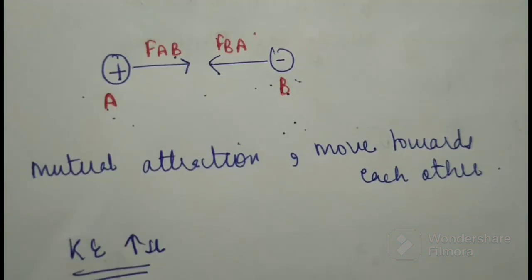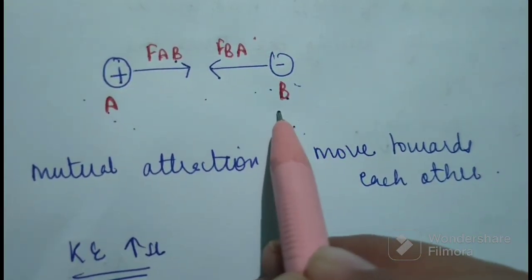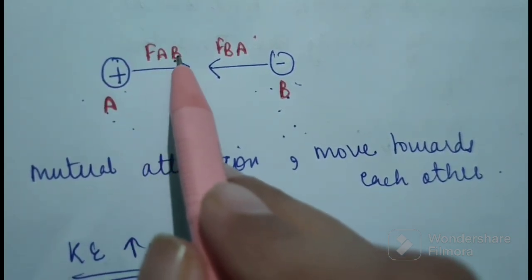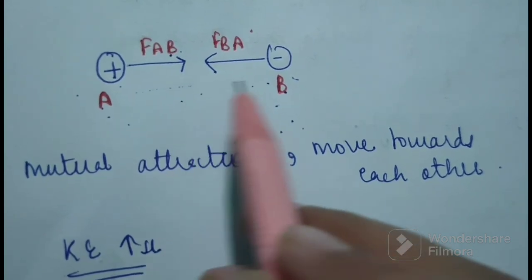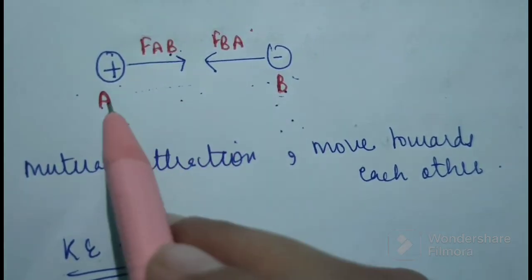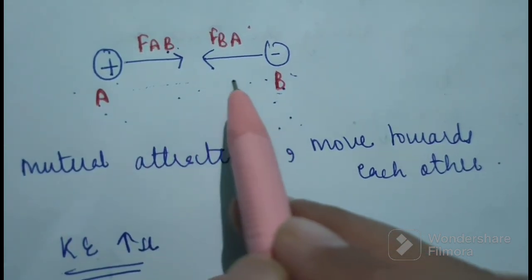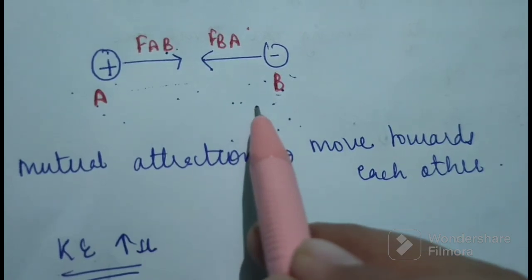So in this figure, the particle B is exerting force on particle A, that is FAB, and A is moving towards B because this particle is exerting some force on it. As A is moving towards B, that means some work is done.